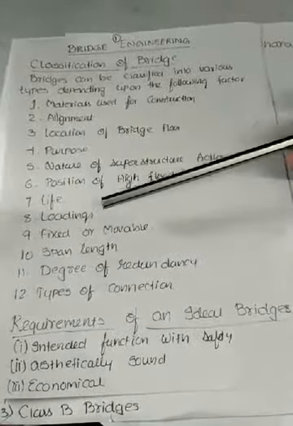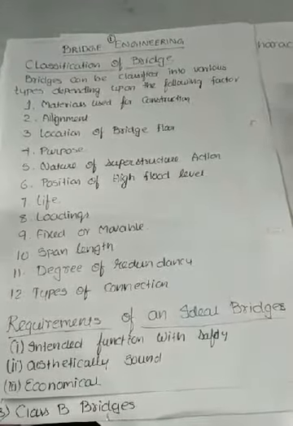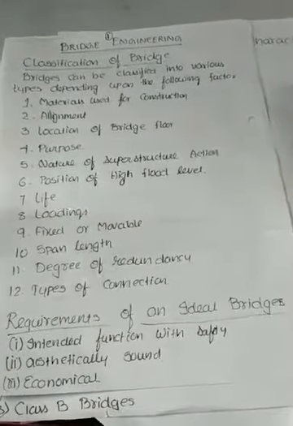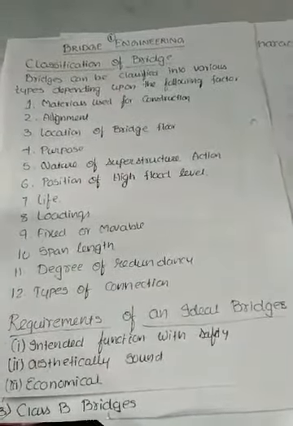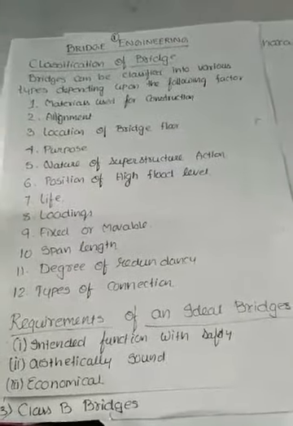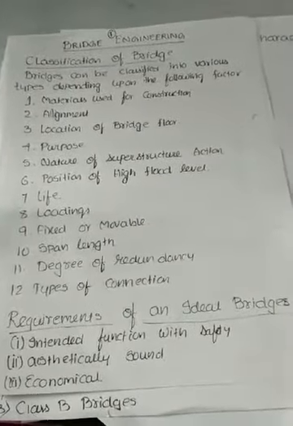Next, loading. Road bridges and culverts have been classified by the Indian Road Congress into class AA, class A and class B bridges according to the loading they are designed to carry.